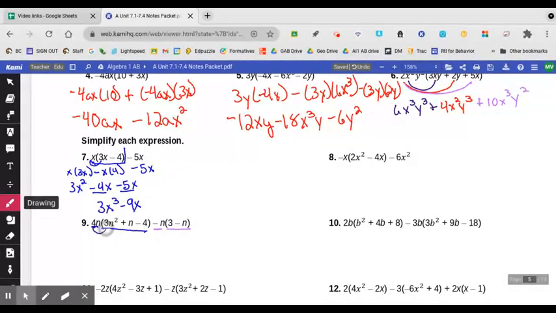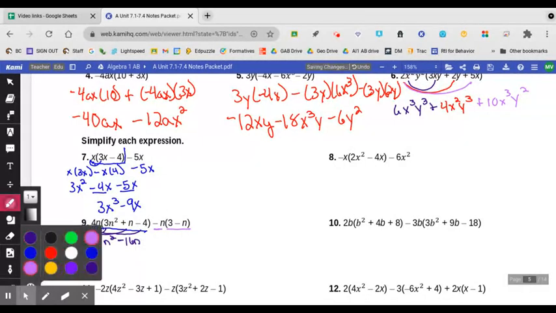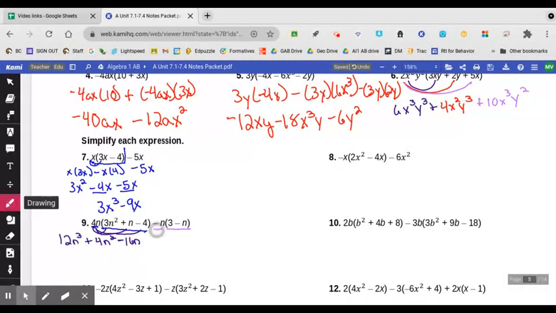So I do 4n times 3n squared, which is 12n cubed, 4n times n, which is plus 4n squared. 4n times negative 4 is minus 16n. And then I'm distributing negative n to 3, which is minus 3n, negative n to negative n, which is plus n squared. And then combine like terms.